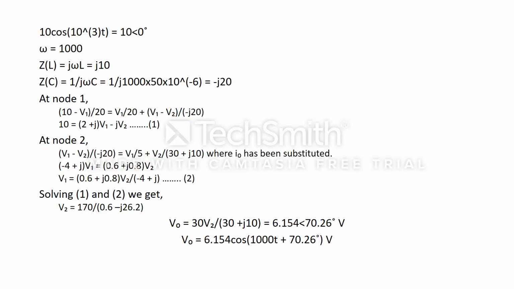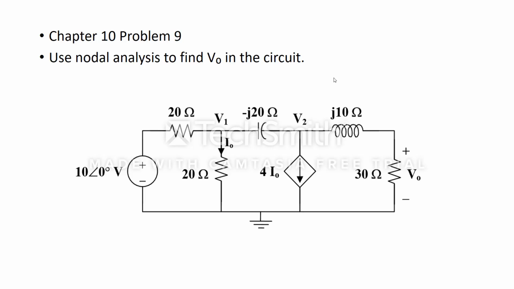Also, in this case, since we are applying nodal analysis, we have to consider both the nodes, that is V1 and V2. So, considering V1, we have to consider this branch and this branch.